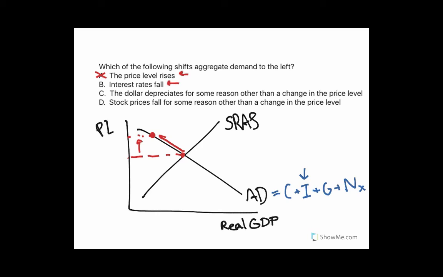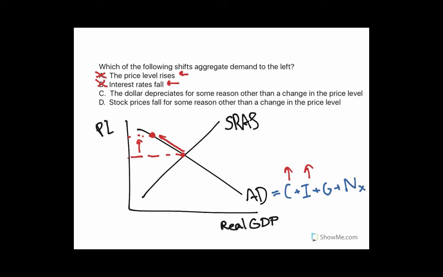If they pay less interest for that new capital, then that usually will cause investment spending to increase, and similarly, consumption will increase for things like cars. Because these are components of aggregate demand, it will actually shift to the right for this one because it's increasing. And the question asks what shifts it to the left. So we don't want choice B.